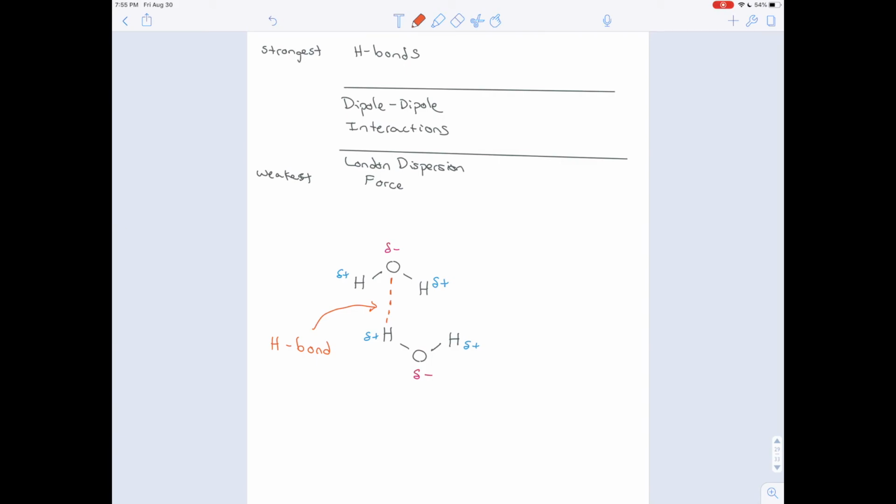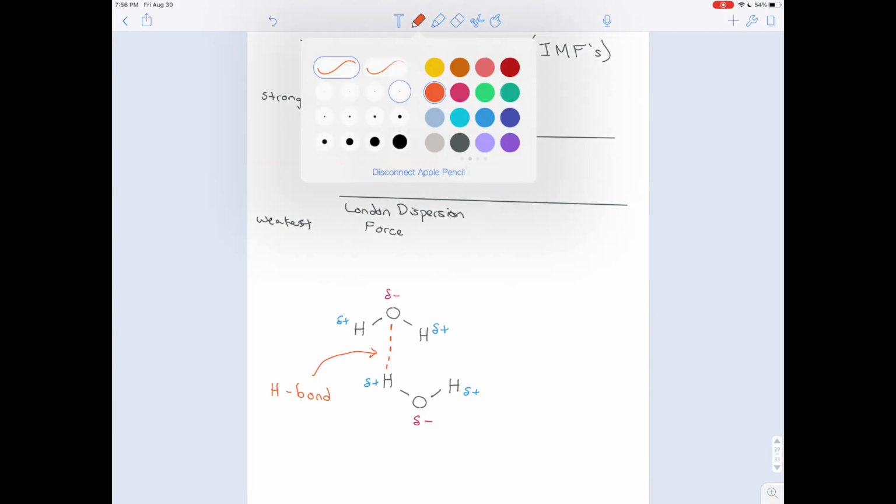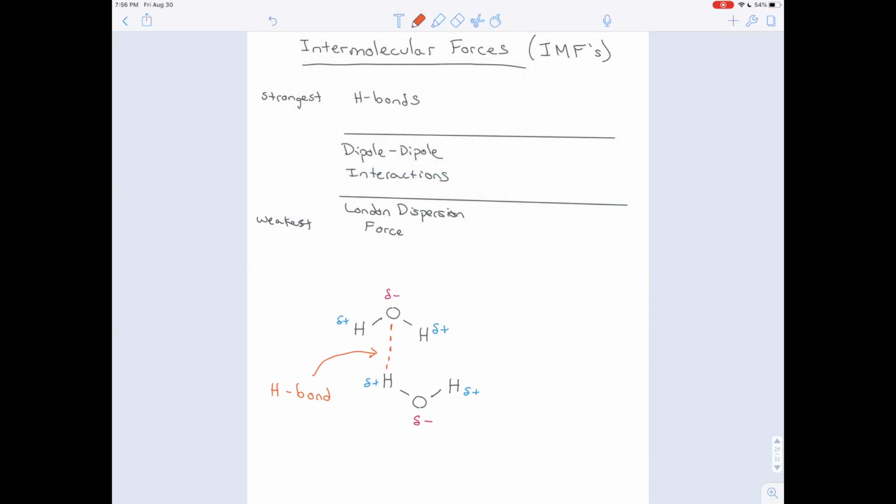Maybe that makes sense in a water molecule. But if somebody were to draw any molecule for you, how would you be able to tell whether that molecule has a hydrogen bond or not? You would have a hydrogen bond anytime you have really electronegative elements bonded to hydrogen.